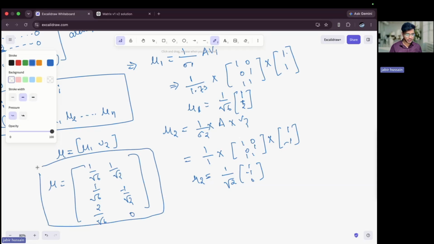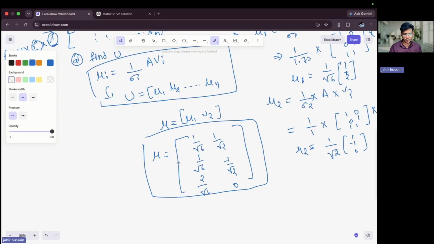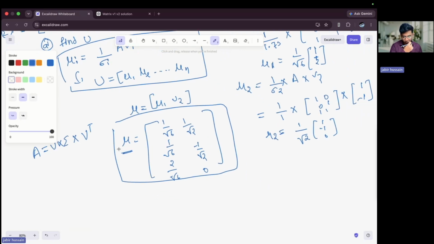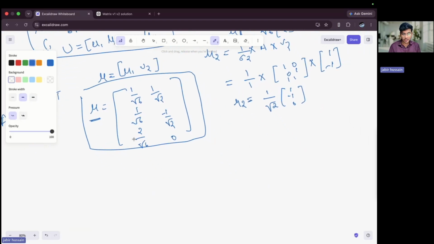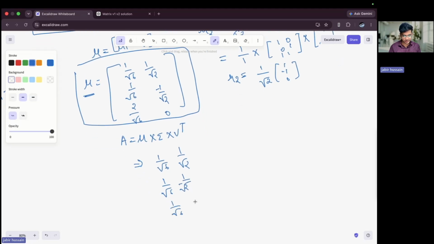The point I'm trying to make here is that we found the third piece as well. From here, U cross sigma cross VT, right? If you put it back, we get our singular value decomposition: A is equal to U cross sigma cross VT. Put in the values 1 by root 6, 1 by root 2, 1 by root 6, minus 1 by root 2, and 1 by root 6, 0.